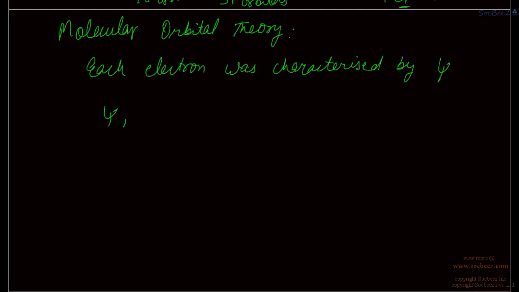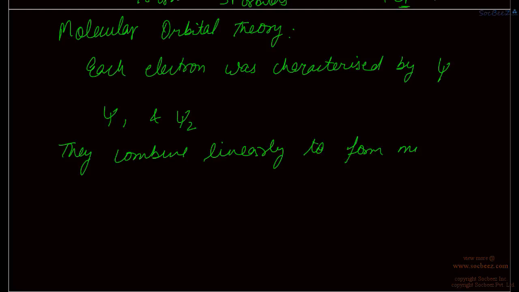So suppose there are two orbitals, psi1 and psi2. They combine linearly to form molecular orbitals, and the linear combination is of the form psi1 plus or minus psi2.